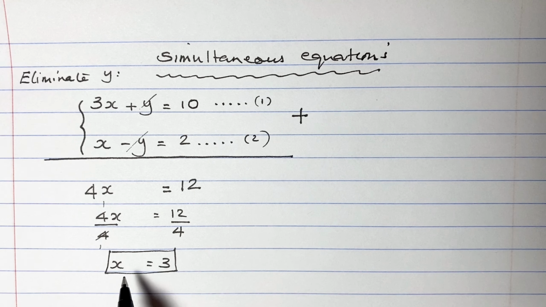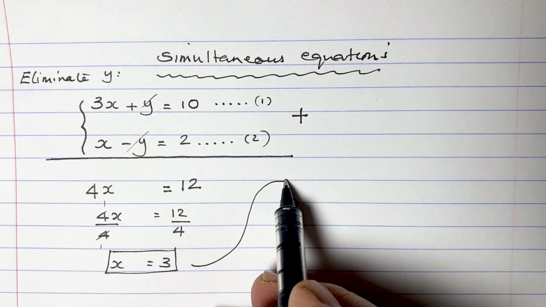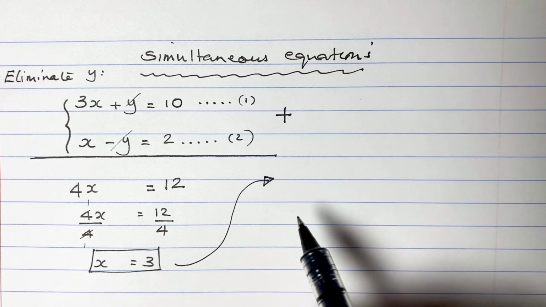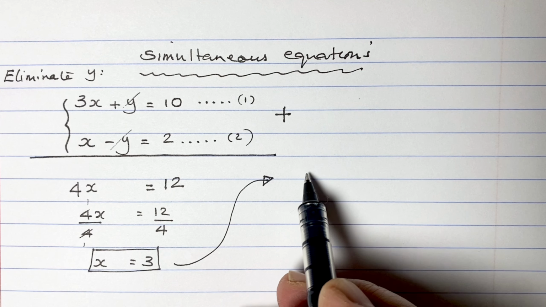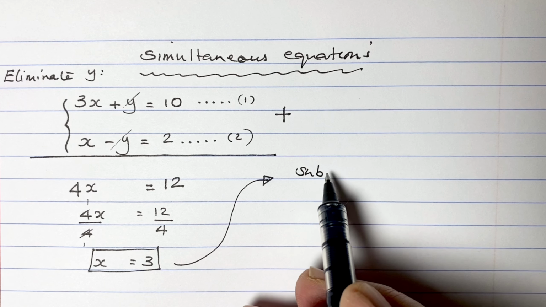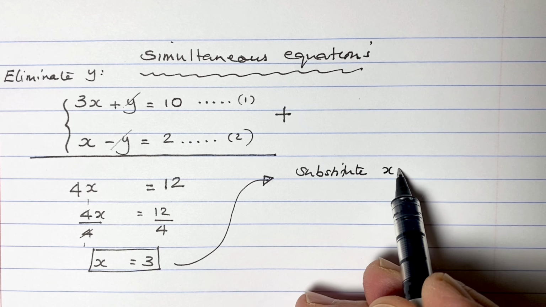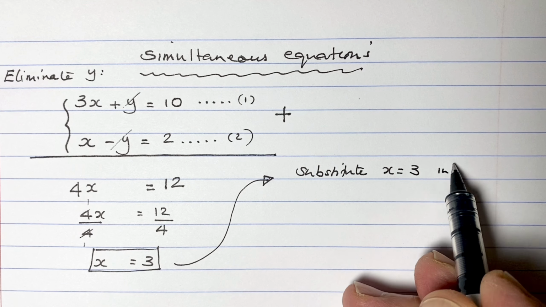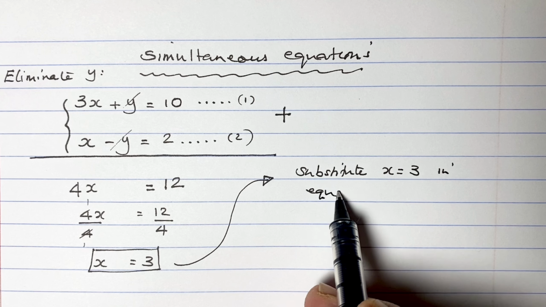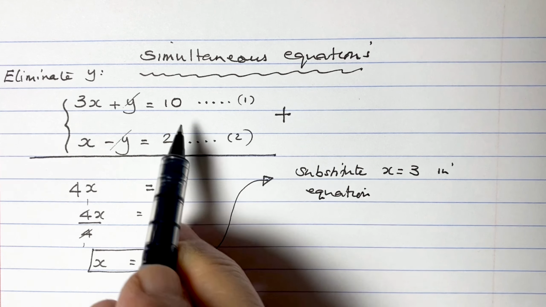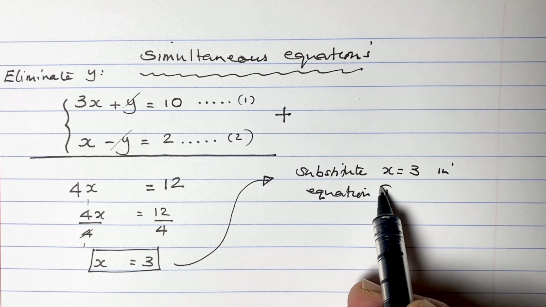So after we found one of the letters, we tell the examiner or someone who is looking at our work that I want to substitute x equals 3 in equation either 1 or 2. Say for the sake of argument 1.